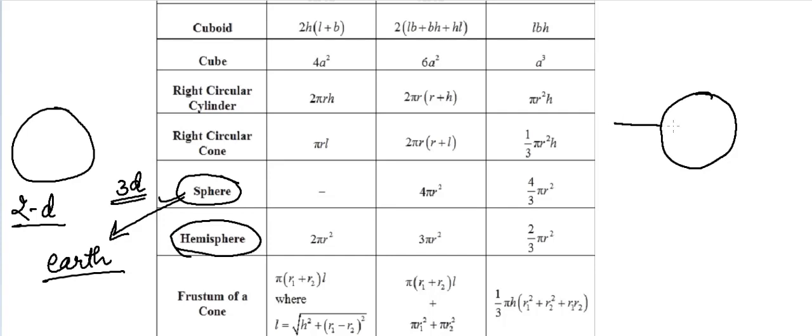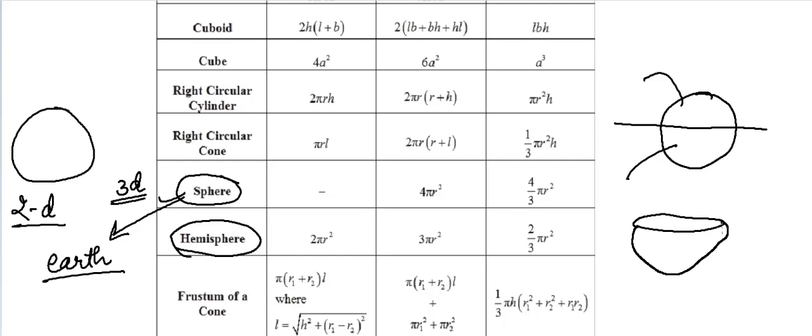So if I cut this sphere, somewhat like this is your hemisphere. If you cut a sphere, then you get the hemisphere. So this is your sphere, this is your hemisphere. It's again a three-dimensional structure. The common example of hemisphere is your bowl in which you eat, right?